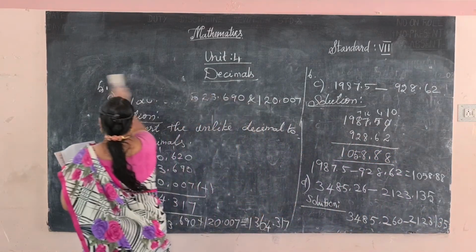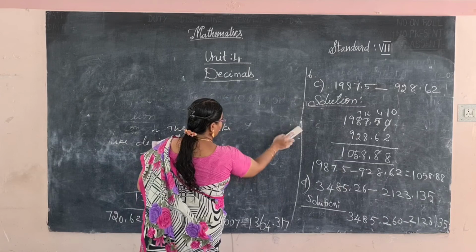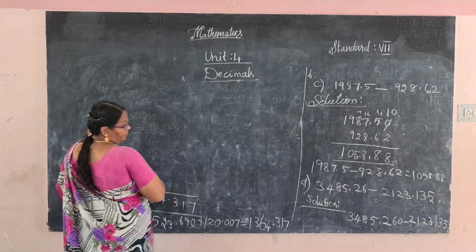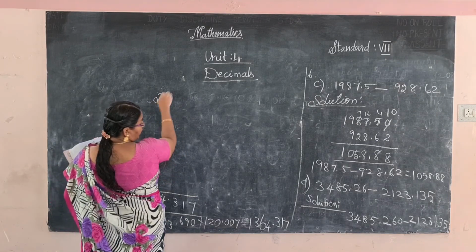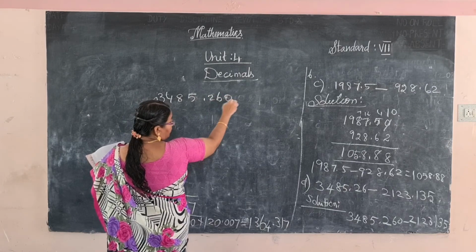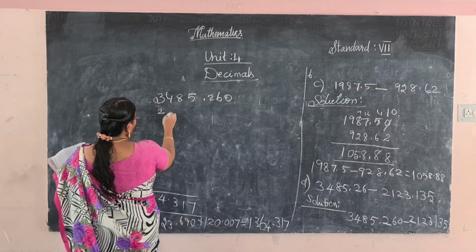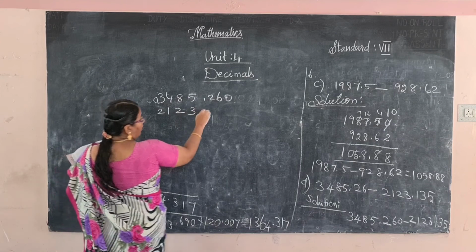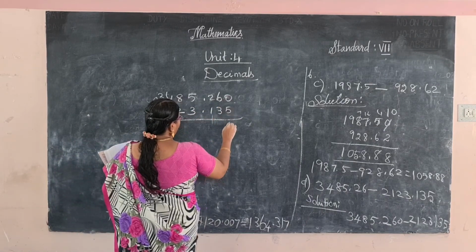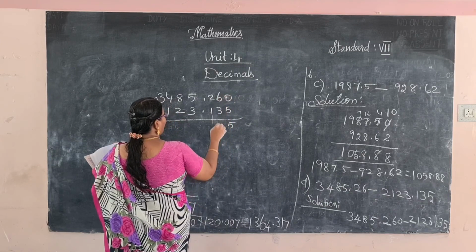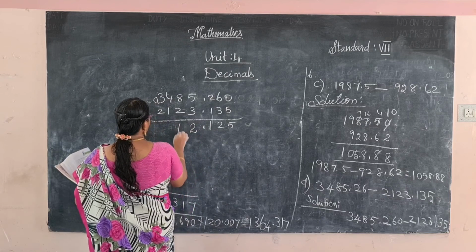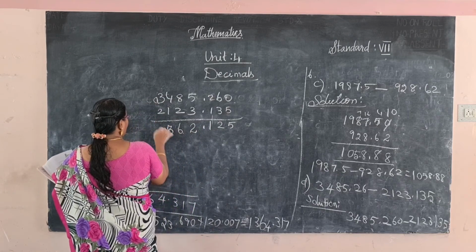Okay, so subtract now. 5, 5, 2, 1, 2, 6, 3, 1.